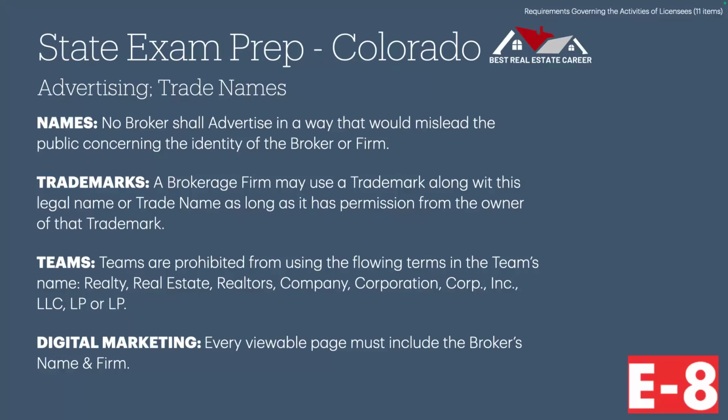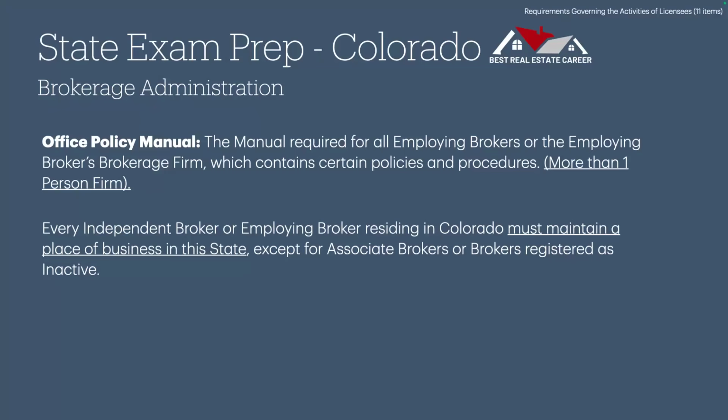Now, for test question purpose sake, only multiple person firms have office policies. So if you're an independent by yourself, right, you had your 2 years of supervision, you're like, I want to go out on my own.